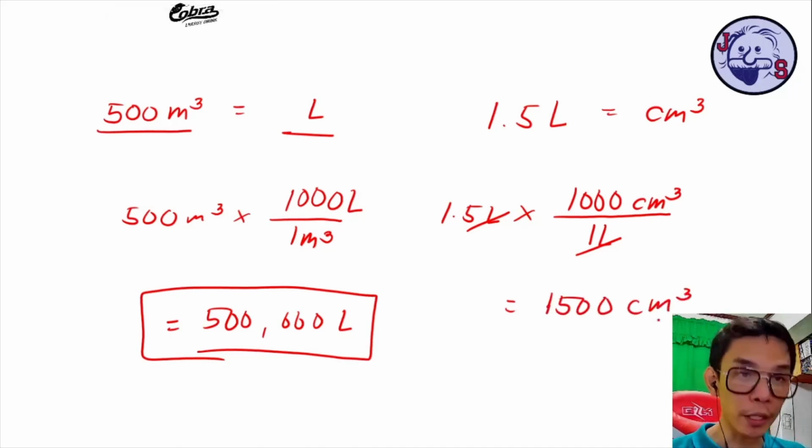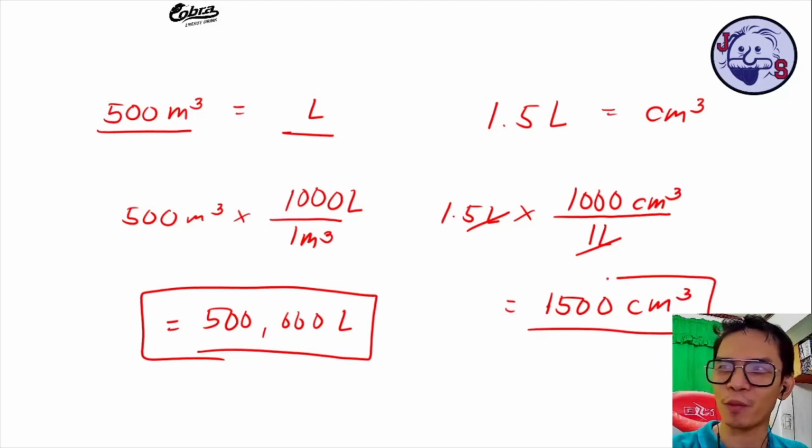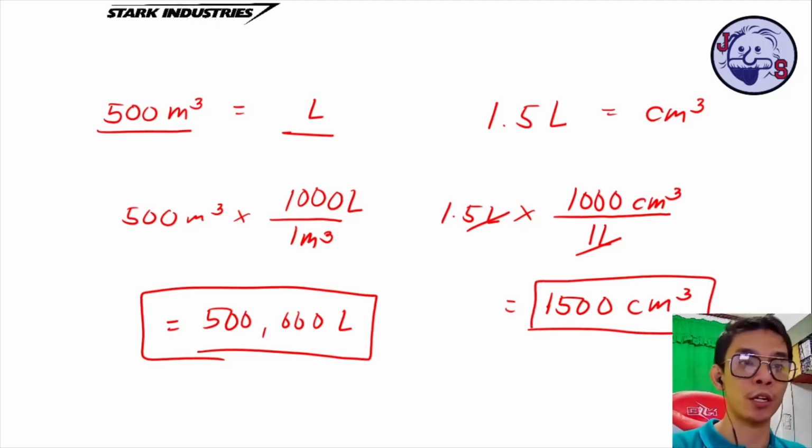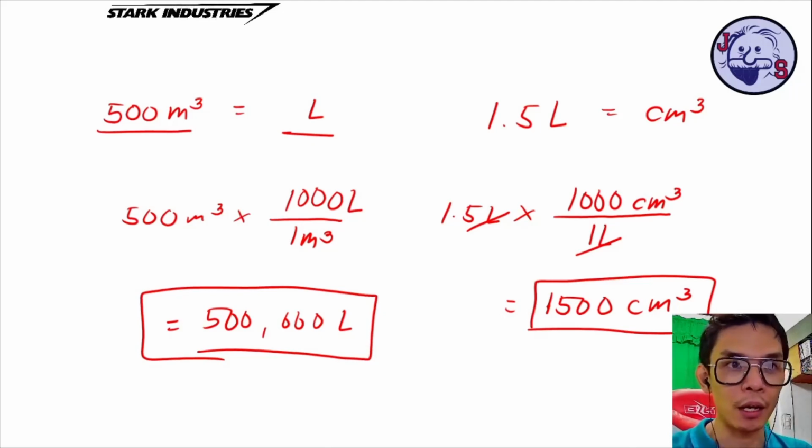So you bought a 1,500 cubic centimeter soft drinks bottle. These are some sample computations about volume.